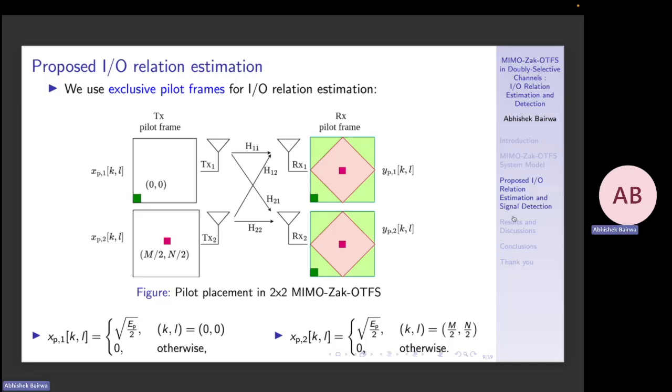We can use this received pilot frame at receiver 1 to estimate H effective 11 and H effective 12. To do that, we divide this received pilot frame into two regions, the red shaded region and the green shaded region. From the red region, we pick the symbols which will be helpful in estimating H effective 12, and from the green region we pick out the received symbols which will be effective for estimating H effective 11.